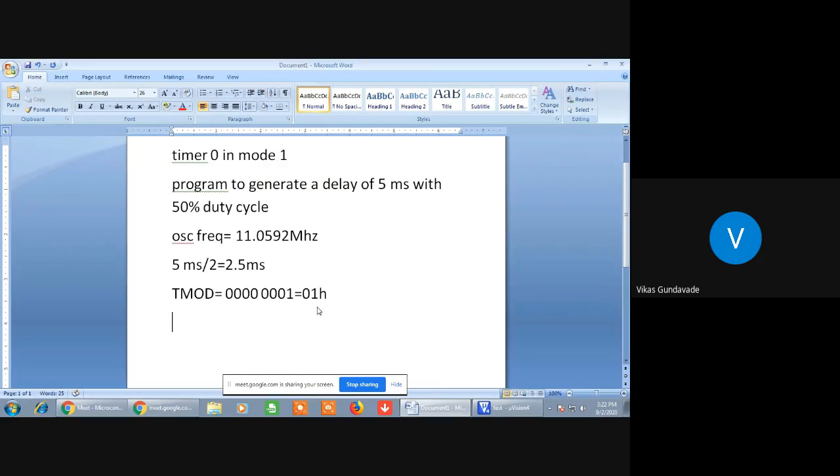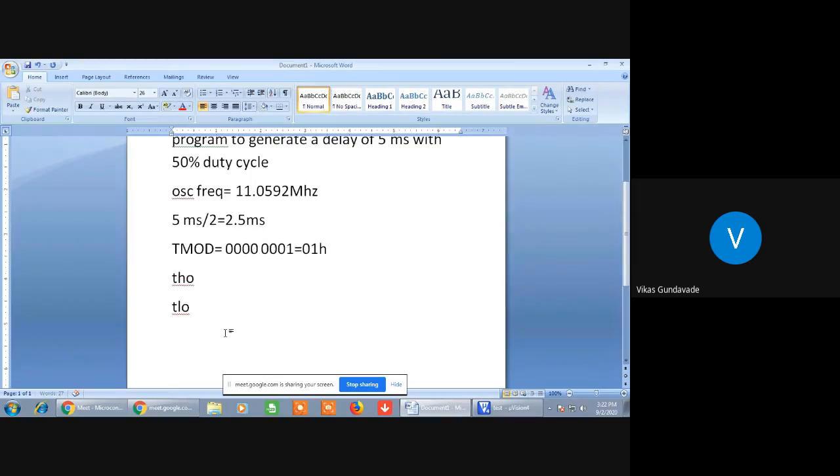The second step is we need to set the count for TH0 and TL0. For that purpose, we first need to divide the oscillator frequency by 12. And after that, whatever time we get, we need to divide the actual time delay by that time period.